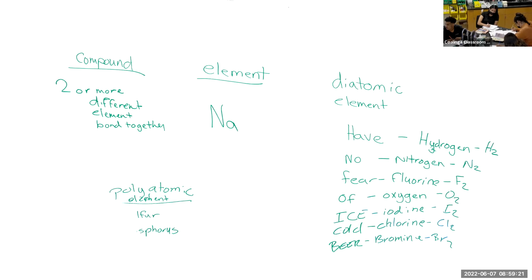Okay, two or more different elements bonded together. Okay, so you guys can do me a favor. Can you take out your balls? You will either have a green ball that has one hole, or the hydrogen.